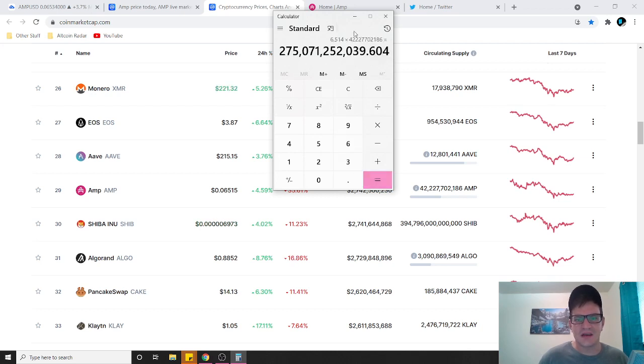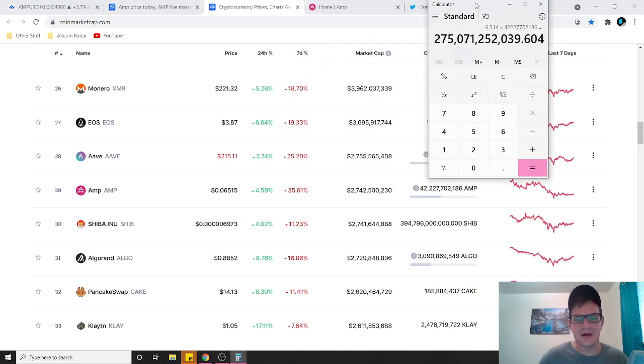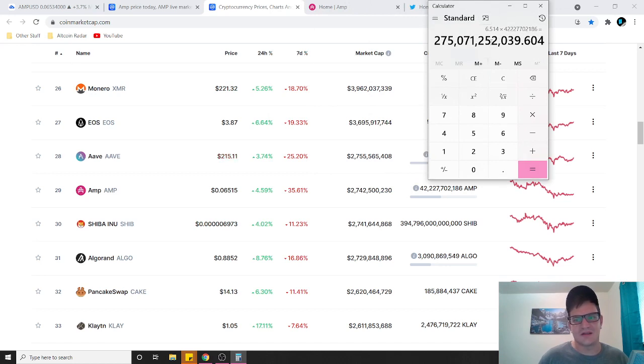That would give us a market cap for AMP of roughly 275 billion. Currently, the market cap is at 2.7 billion, and if it went up to $6.50, the market cap would be roughly 275 billion.